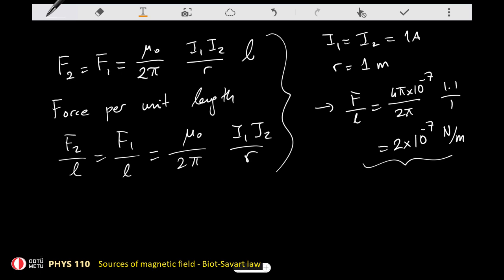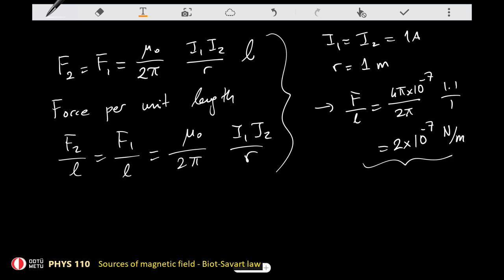Then we come to the second topic. Up until last year, this was actually the basis of the definition of the ampere unit. Just remember that we have to define our units as well. We have to describe how they are defined, and then we use this definition for all other cases.